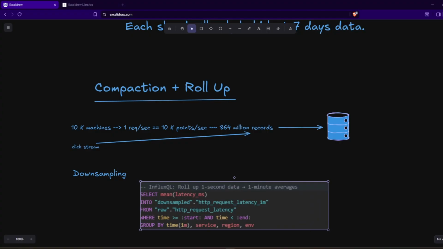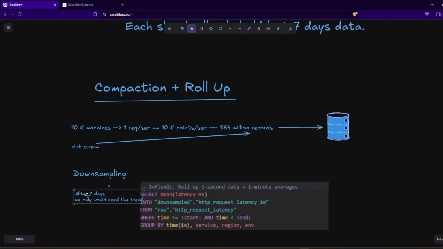After 7 days, we completely take out the raw data. We probably just need the trend. So after 7 days, we only need the trend.